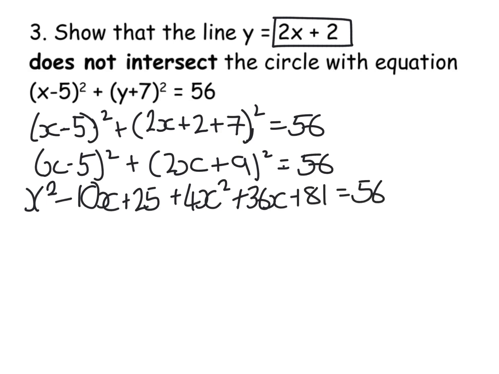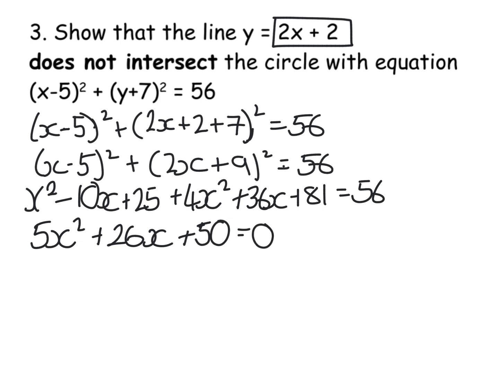Let's tidy this up. So we have 5x squared. We have minus 10 plus 36, which is plus 26x. And then 25 plus 81. I'm just going to subtract that 56 at the same time, and that'll give me plus 50 equals 0.